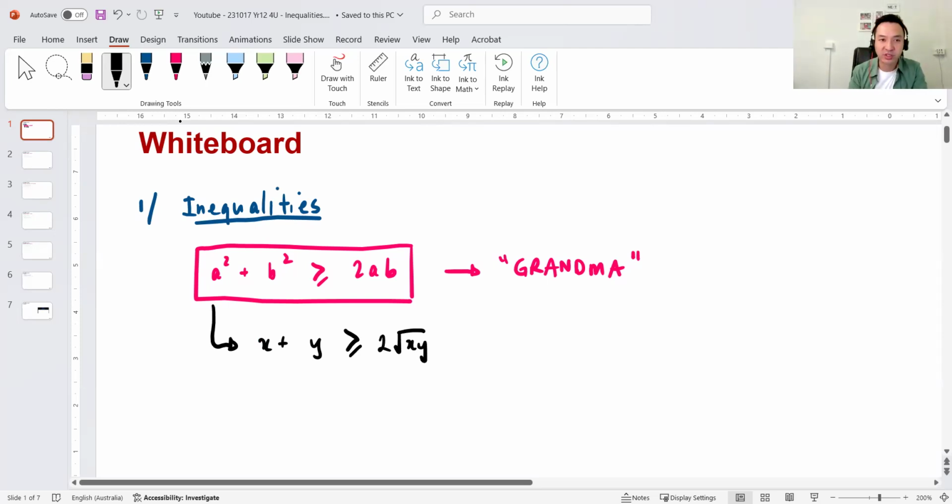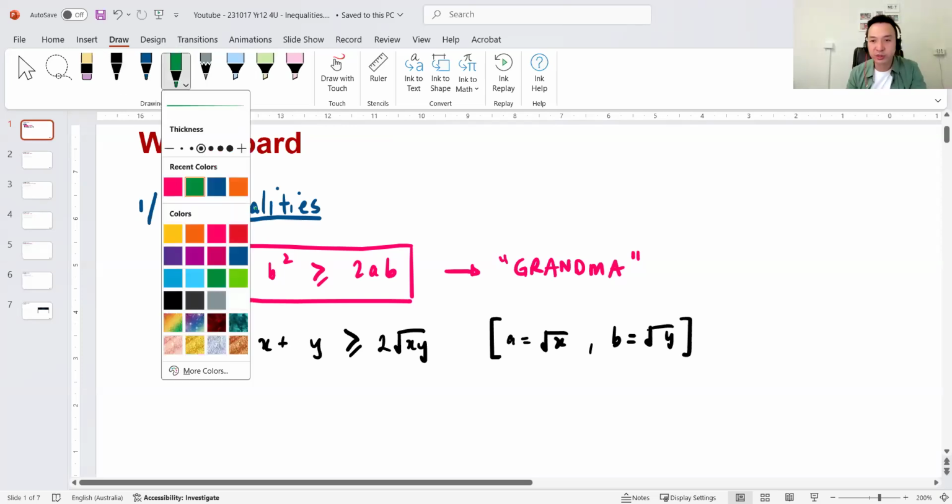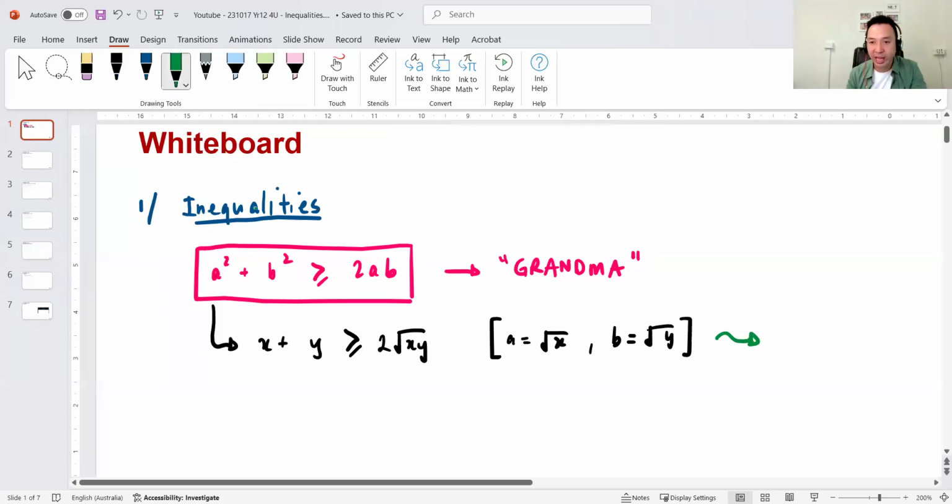This is where, in the original grandma, you let a be the square root of x, and let b equal root y, and you get an inequality.